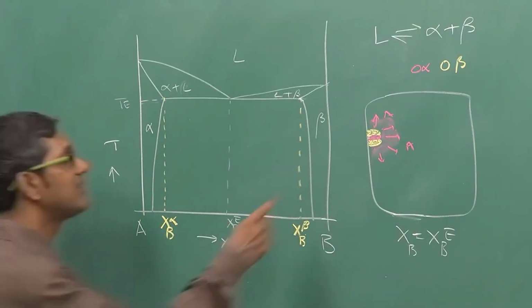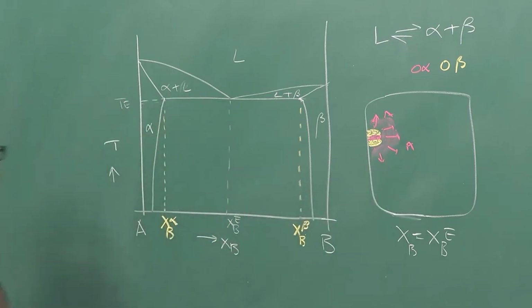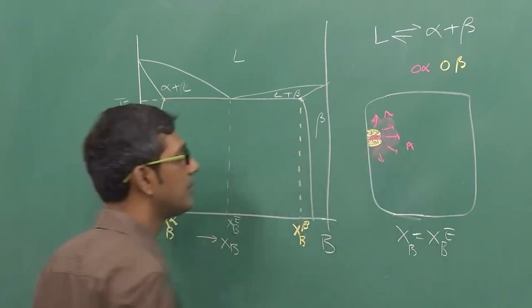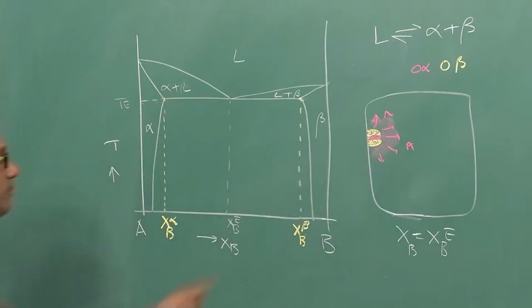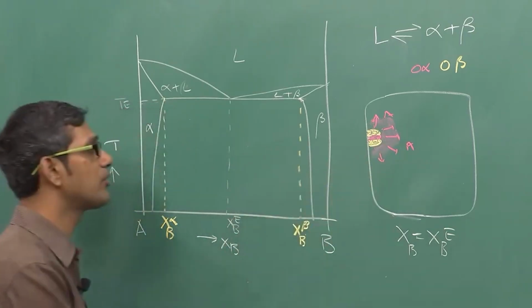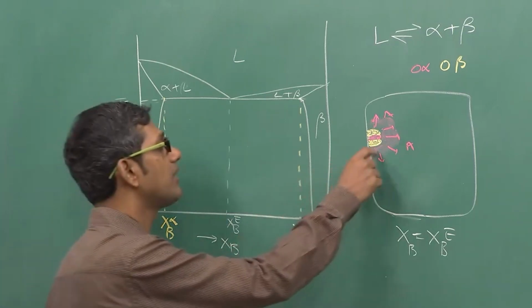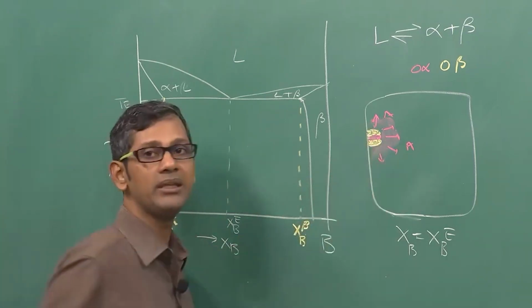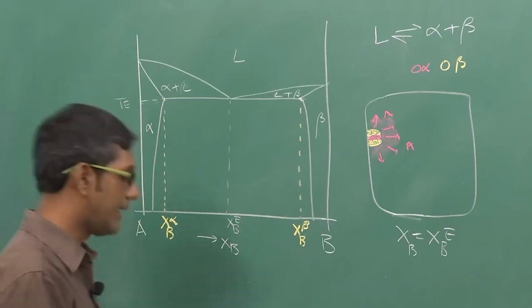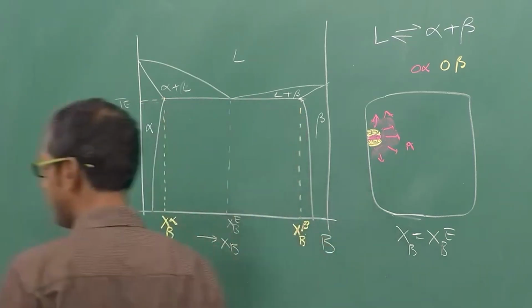Because A is rejected, again the liquid nearby beta will be rich in A, because beta requires more B, so less A. Because of that, the composition in the regions nearby beta will become very rich in A, and finally it will reach XA alpha, and again alpha will nucleate.